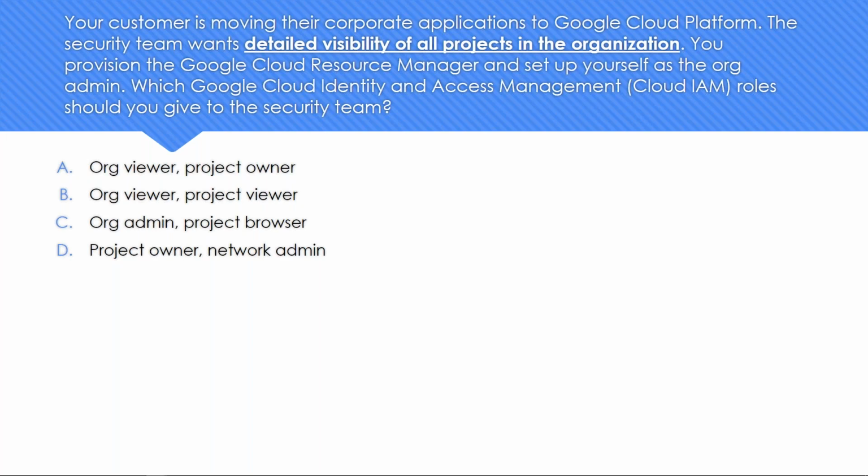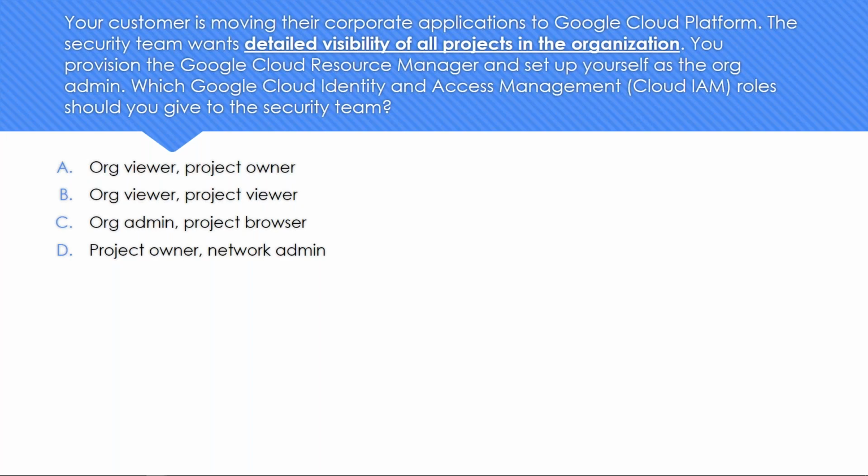For such a team, they are not going to make any changes. They are not going to create a resource or delete a resource. So for a security team, if you can give read-only access, that should be good enough is what I feel. Before I look into the options, this is what should strike me.